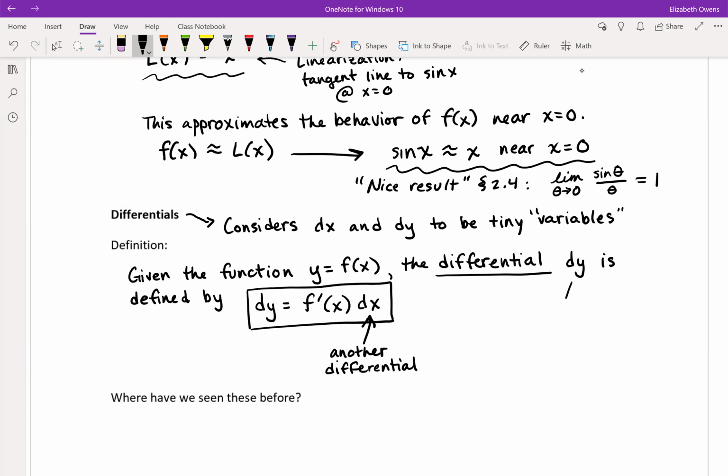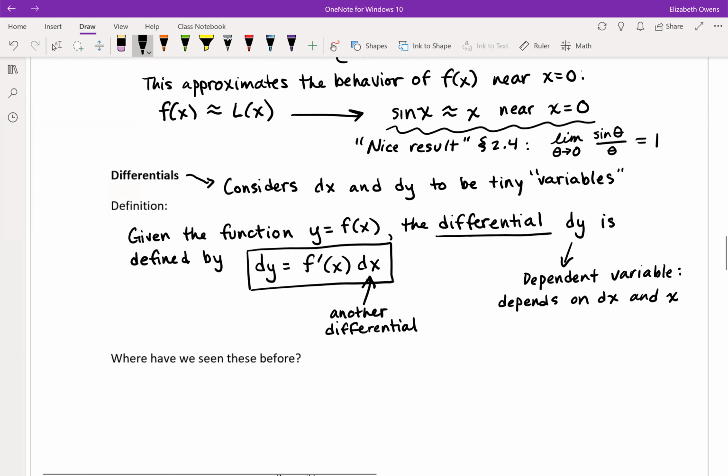So dy is very much like a dependent variable here, because it depends on the values of other things. It depends on what dx is, and it also depends on the value of x because the derivative evaluated at that point of x is part of our differential formula there.